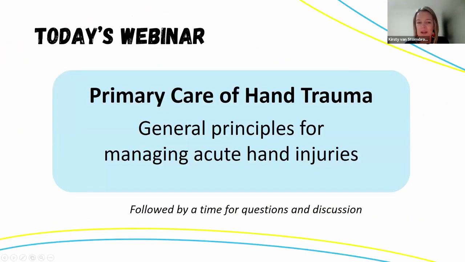Today's webinar, we are going to be looking at the primary care of hand trauma and general principles for managing acute hand injuries. If this is the first time that you're joining us, the Open Hand webinar series usually has a focus on hand therapy, and Open Hand is really passionate about increasing access to basic hand injury care and equipping the therapists that provide this care.